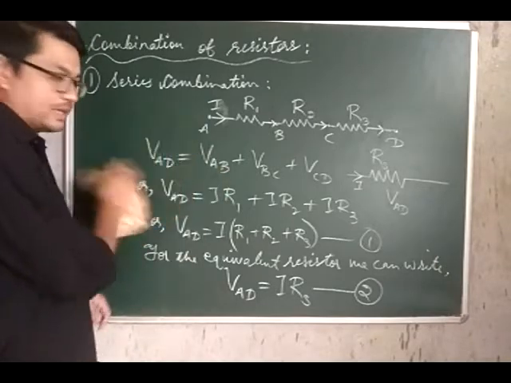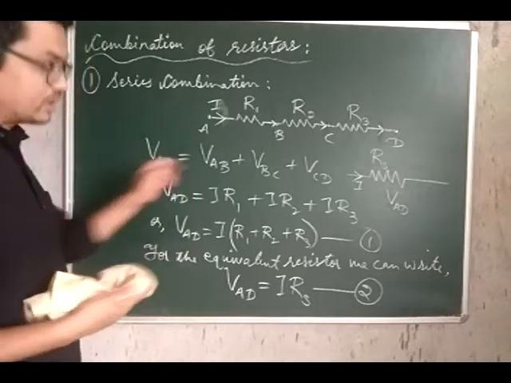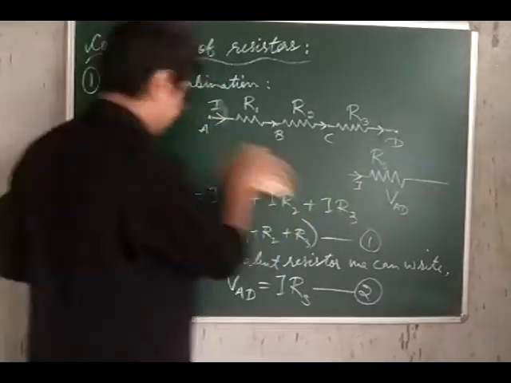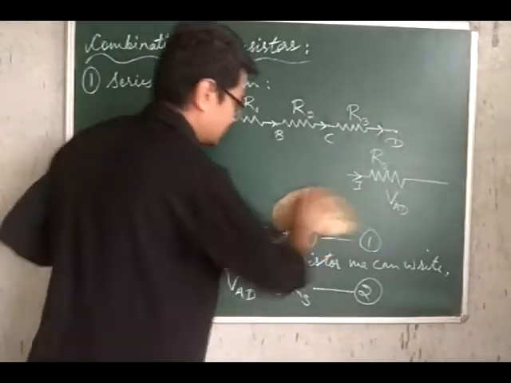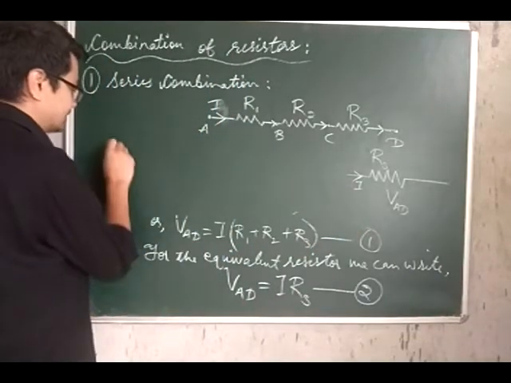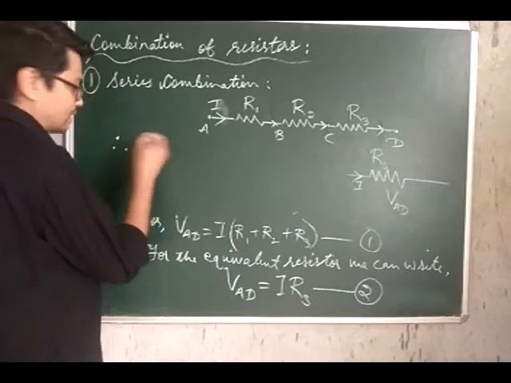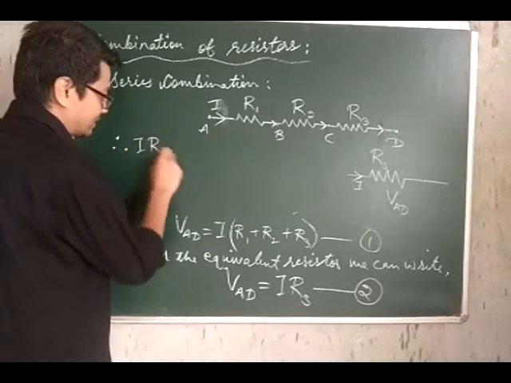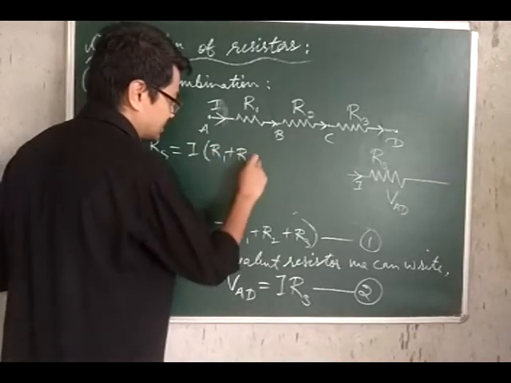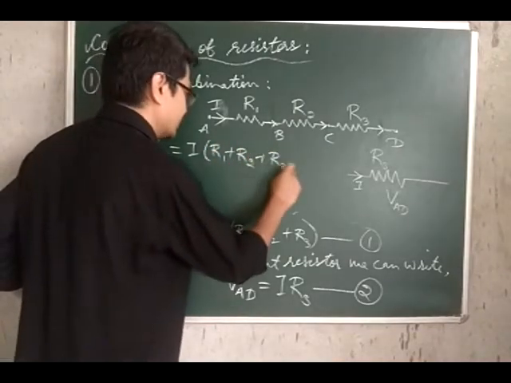I hope I can erase this. You can pause the video and copy this. Let me erase this part, and this part too. So we are equating the left hand sides. Since the left hand side is the same, we can write I into RS is equal to I into (R1 plus R2 plus R3).